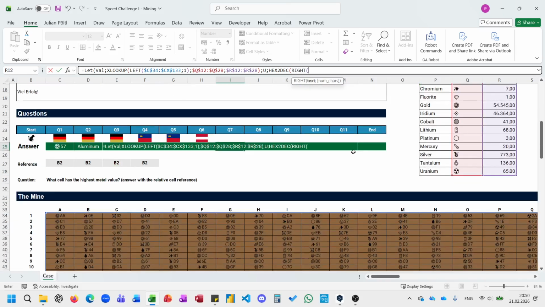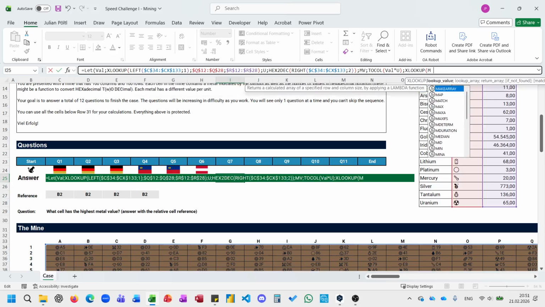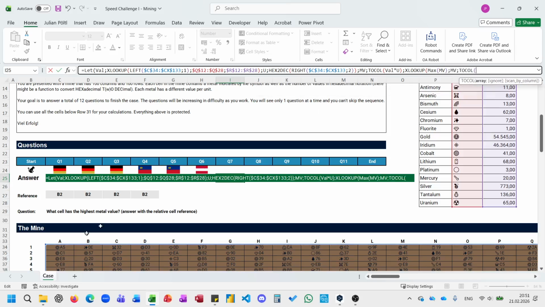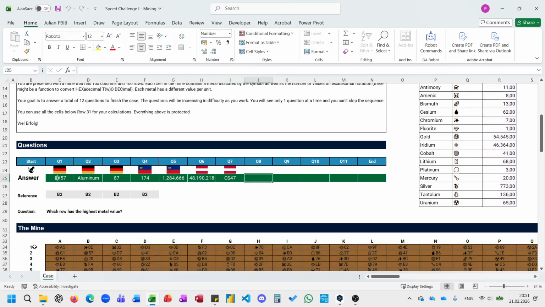RIGHT 2, and then TOCOL of val times u, MV, and then XLOOKUP MV in MAX MV in MV, returning TOCOL of column letter and row number. CS37, which row has the highest metal value.